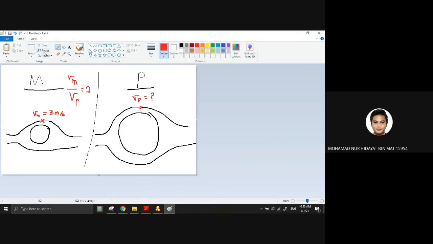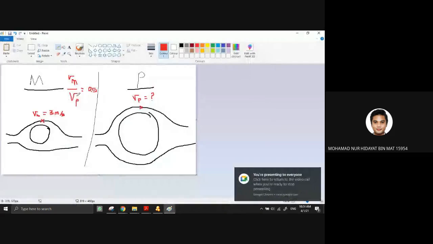Okay, this is not right here. Let me delete here. Okay, Vm over Vp is the ratio 0.5. Okay, it is constant.